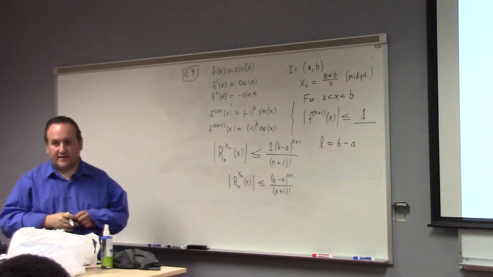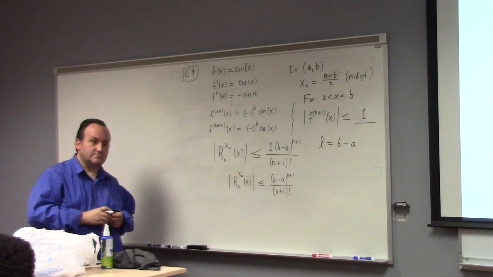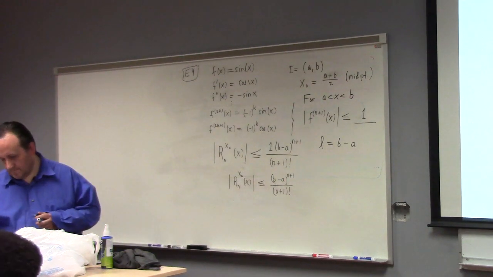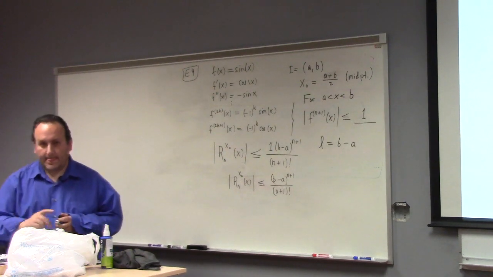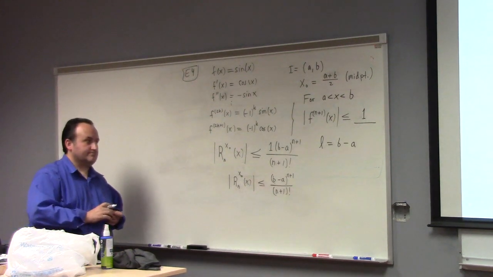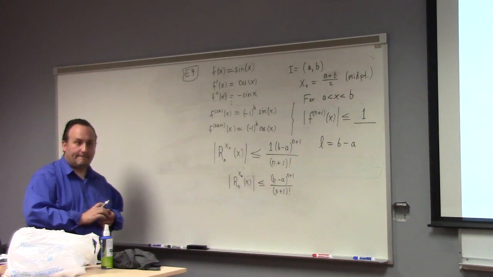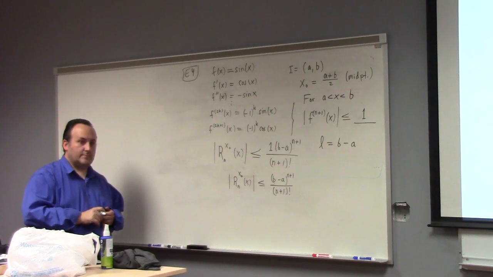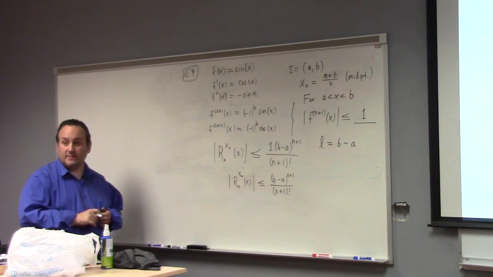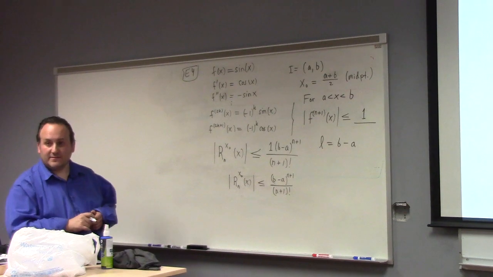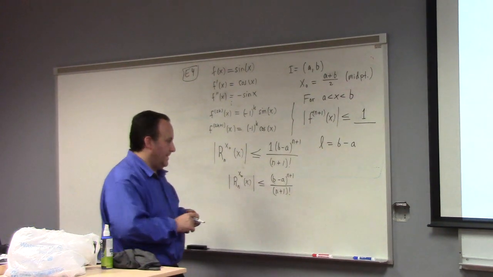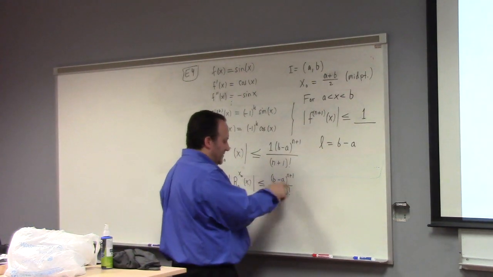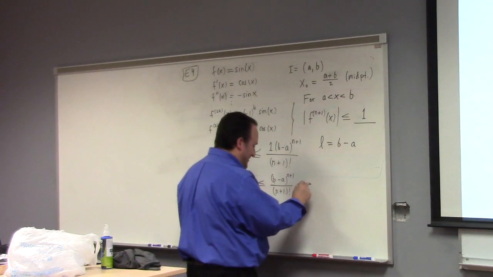What happens to that as n goes to infinity? Notice here, it goes to 0. Now, why do you say that? Because the factorial beats exponential, right? So this goes to 0.